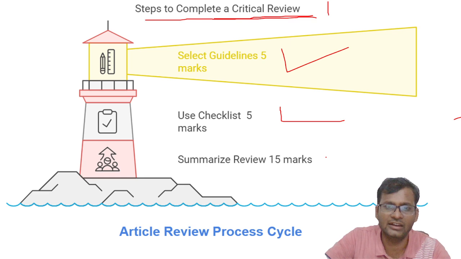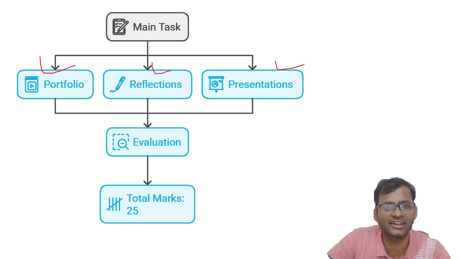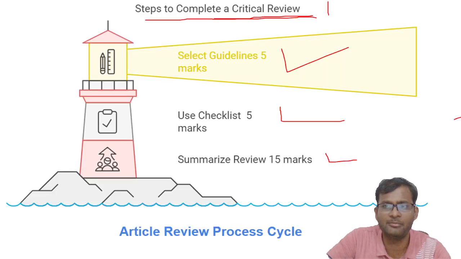And proper summarization of that paper gives 15 marks, total 25 marks for the first assignment. Then the next one is based on the portfolio reflection, that is presentation, 25 marks. So total 50 marks for this particular module 6.